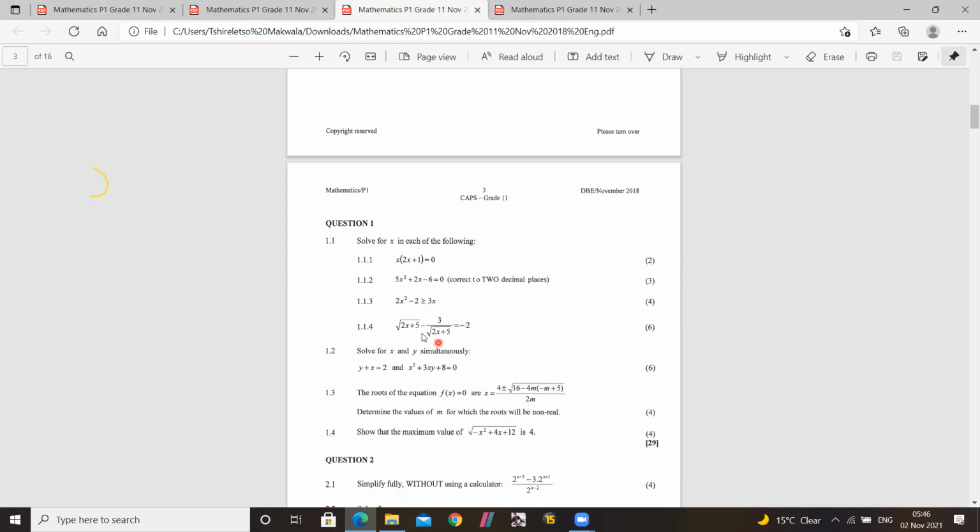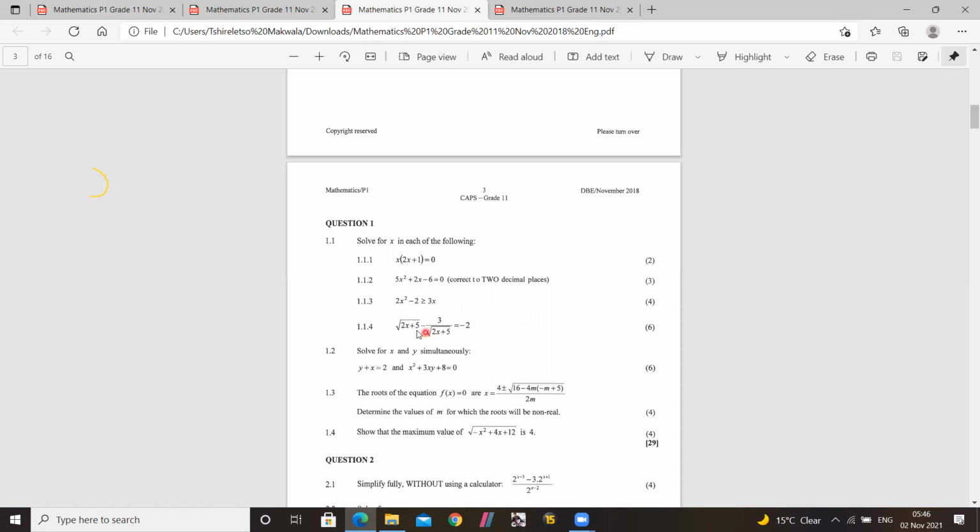In this question, there's no way you'd cancel out one set by multiplying, like square root 2 plus square root 2x plus 5. Even though you multiply on both sides, this won't cancel out that set because there are too many terms.